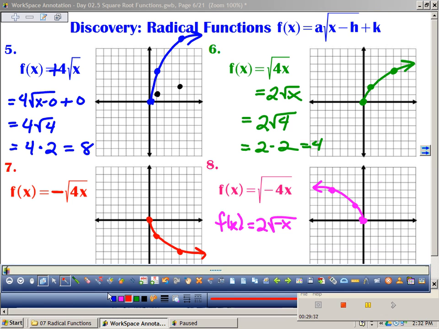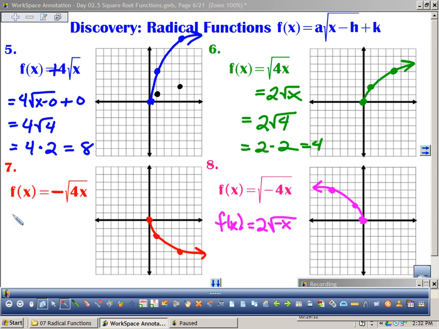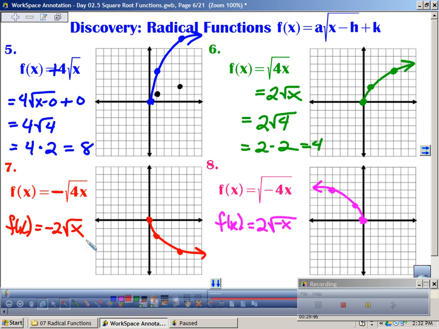And this one, it makes it match better, right? This one is f of x equals negative 2 square root of x. Okay, so this one looks exactly like the green one, only it's turned in the negative direction. But if you pay attention to the signs, there's a negative on the x. So we're talking about not the positive x's when we plug in, but the negative x's when we plug in.